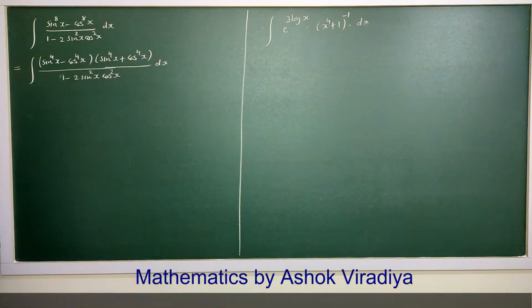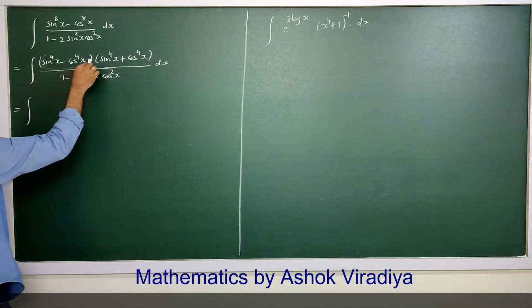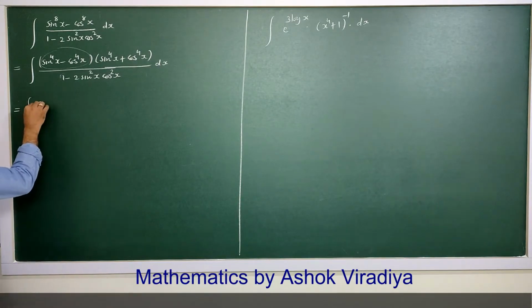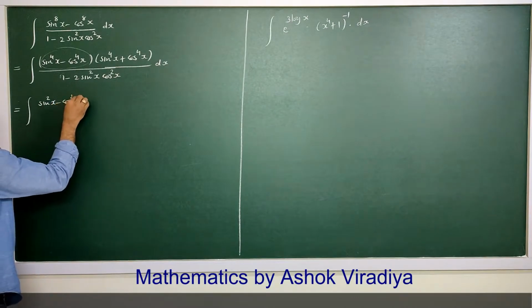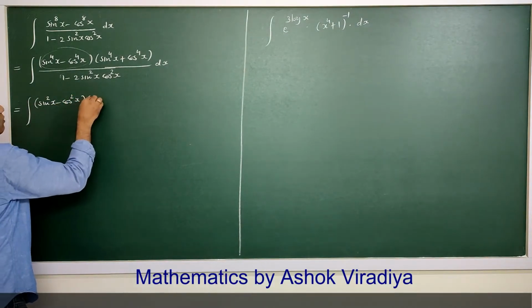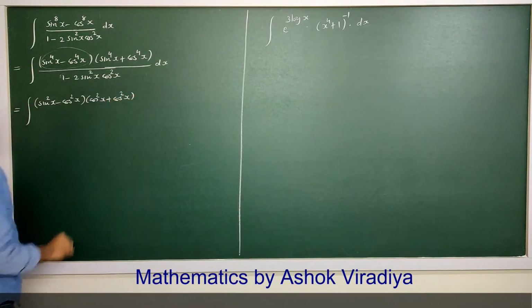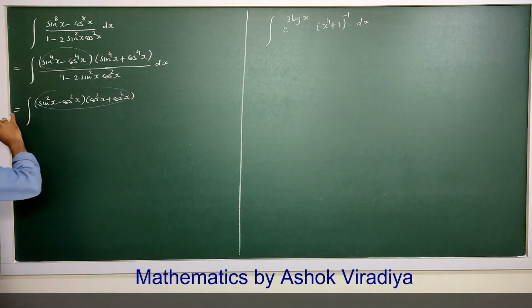So integrating with respect to x. Now here again we can factorize this a^4 minus b^4. a^4 minus b^4 is (a² minus b²)(a² plus b²). So these are the factors of a^4 minus b^4.